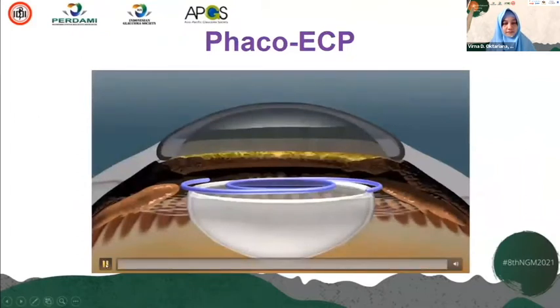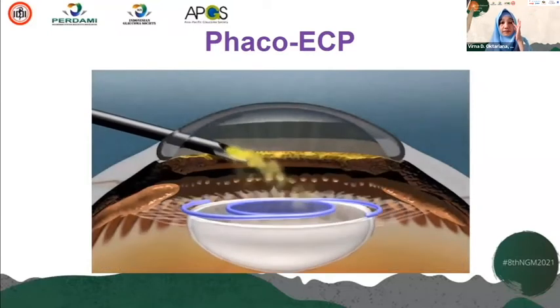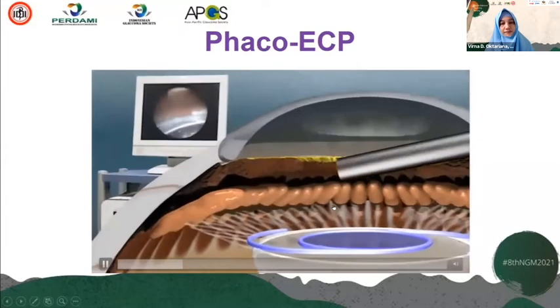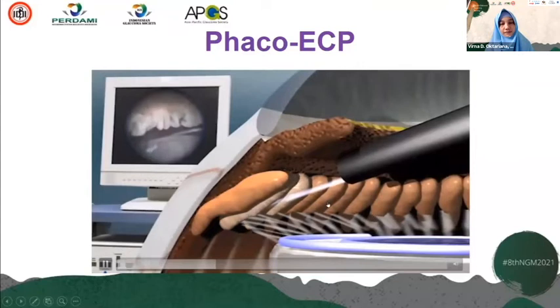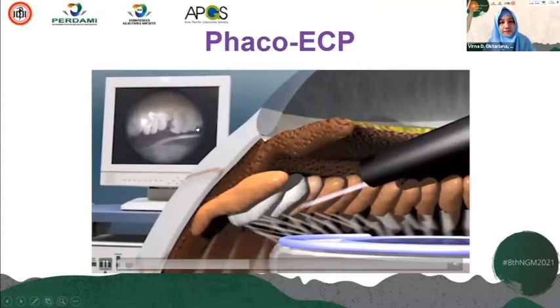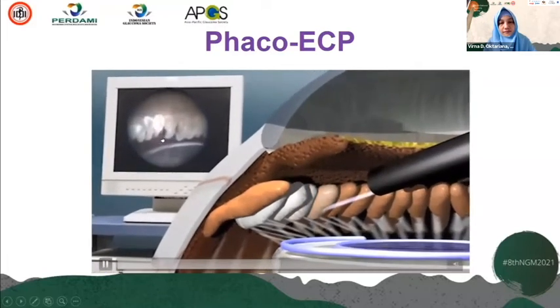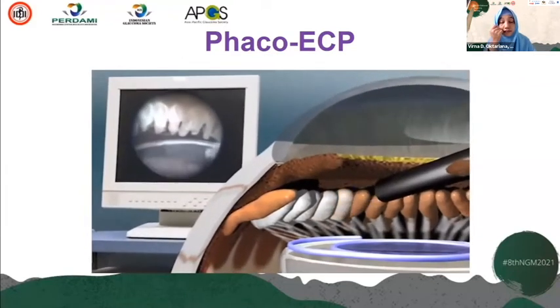Now, this computer simulation shows you how this procedure is performed. Usually after phacoemulsification, you keep the anterior chamber deepened with viscoelastic, and then you use an anterior chamber endoscope to directly visualize the ciliary processes, and then you apply laser to the ciliary epithelium. You can see that it appears that you are painting the ciliary epithelium white during the procedure.